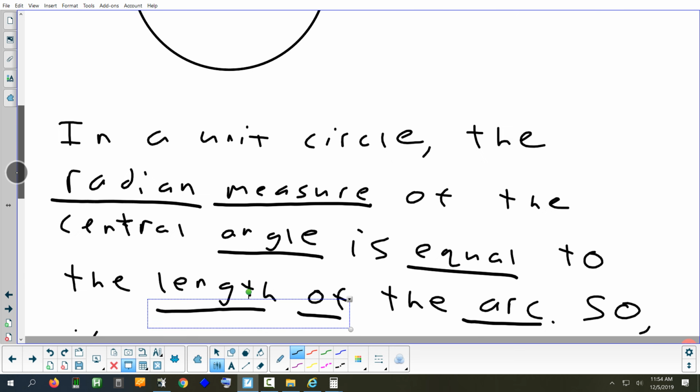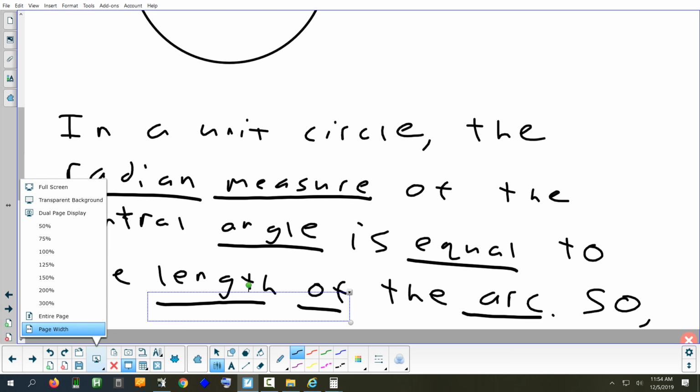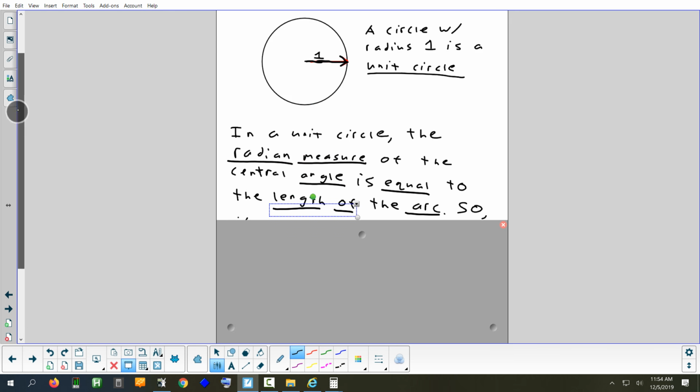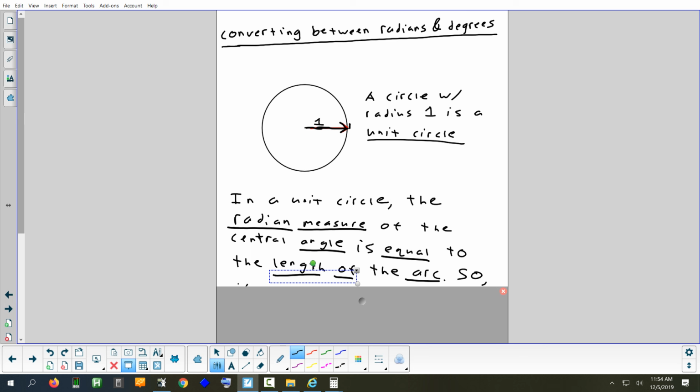Now, if I want to go all the way around the circle, like this, we normally don't even call that an arc, because it's an arc that's so big it takes up the whole circle. What do we call an arc that goes all the way around the circle? The circumference.